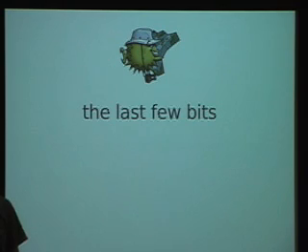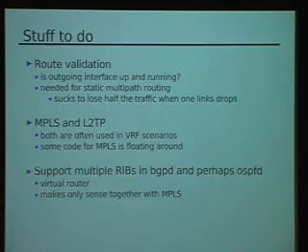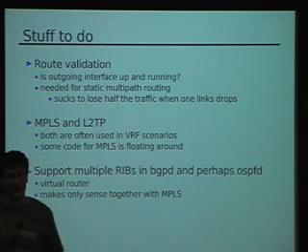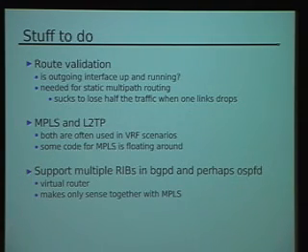Now, my last few bits, this is more or less my to-do list, or stuff that people could do. I will just list it quickly because I'm already over time. There is stuff like route validation, so figuring out if a route is actually valid or not based on the interface state. A large project that I would like to do is MPLS and LDP.